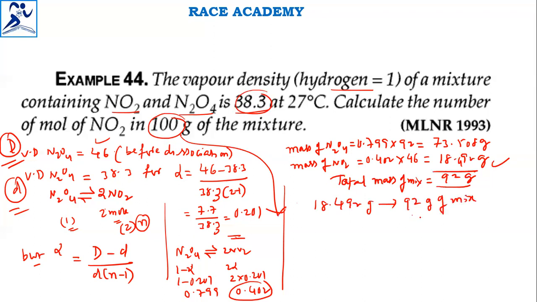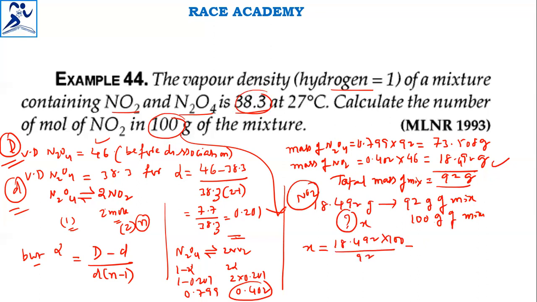But if it is 100 grams of the mixture, then how many grams of NO2 will be there? Let us suppose that is X, which is 18.492 into 100 divided by 92. And this simplification gives 20.1 grams.